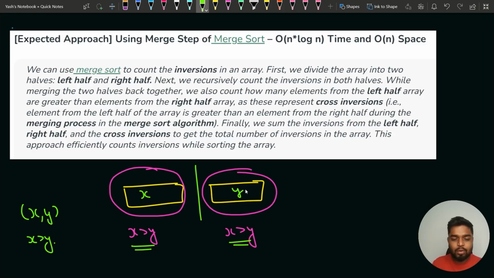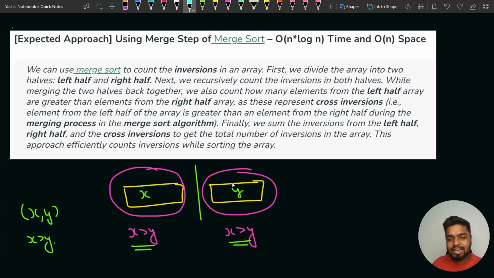So what I'm saying is, when you divide the array and sorting is done on the left array and the right array, you'll be able to count the number of inversions in the left half and in the right half as well, because you'll be solving a smaller problem. But when you are merging, the last scenario, where one element x lies in the left array and y lies in the right array, is what helps you identify the number of inversions.